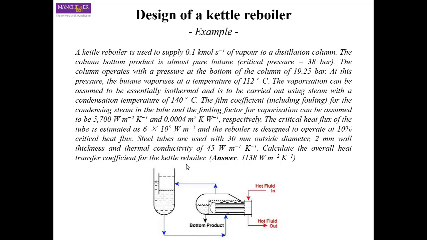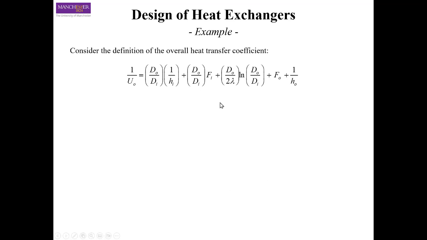Okay, so if you pause the video and try to solve it yourself, and if you do not manage, then have a look at the solution. So we are required to calculate the value of U, or the U based on the outer diameter of the tube.